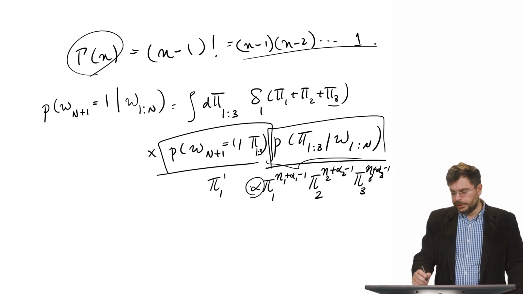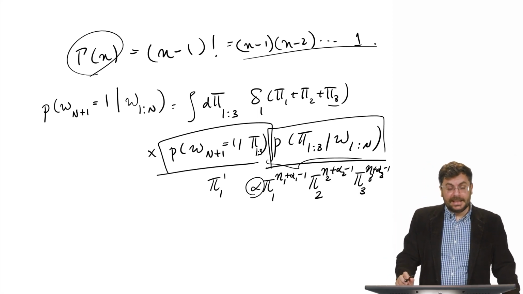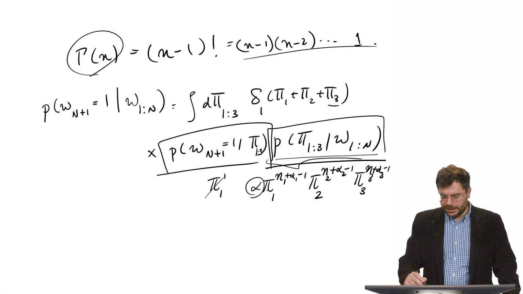And of course, the proportionality I can work with because I know already how to normalize the Dirichlet distribution. If I notice I have a pi 1 raised to the 1, and I have here a pi 1 raised to the n1 plus alpha 1 minus 1, so the 1 and the minus 1 cancel.